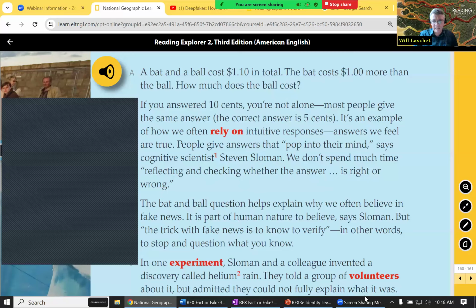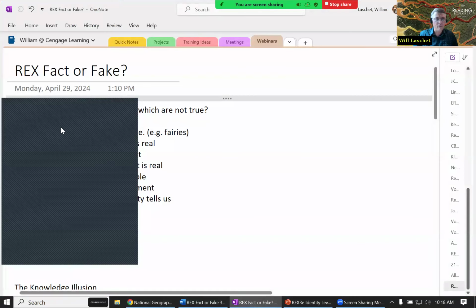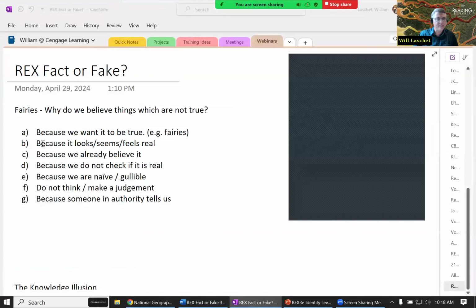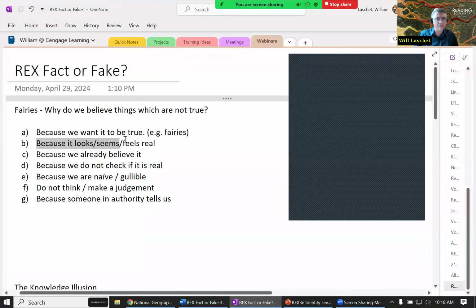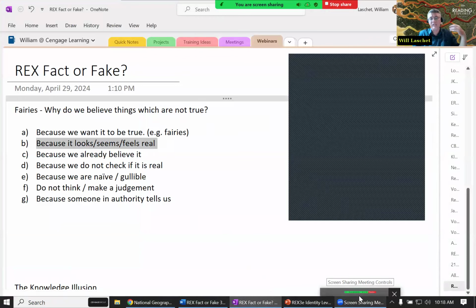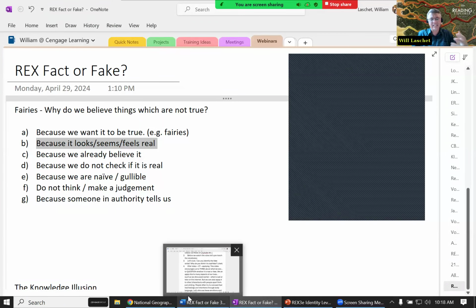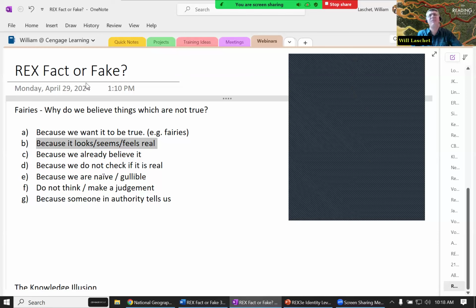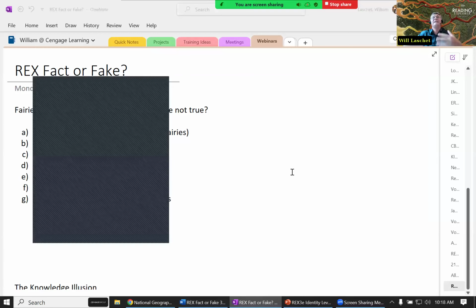And actually, someone said that earlier on, when we were looking here, someone said B, because it looks real or feels real. So we often believe things like that. We don't stop to analyze, we don't evaluate, we just naturally believe it if it feels right. And there's a good reason for that, because if we stopped to analyze everything that we did in life, we'd never get anywhere, we'd never get anything done.